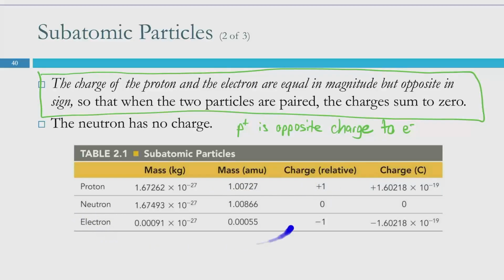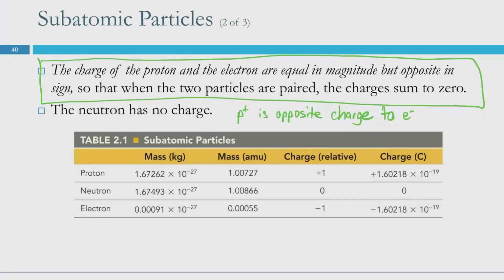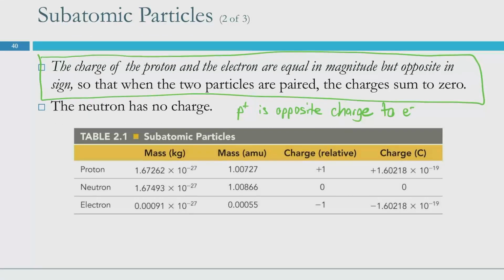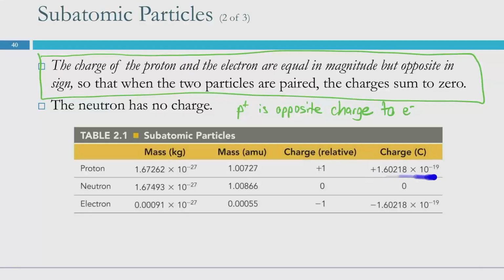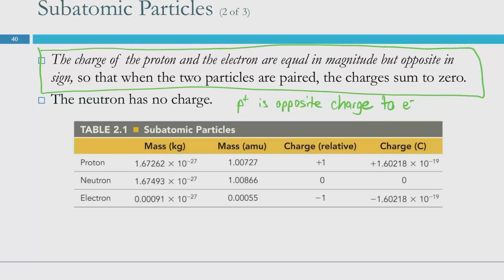An electron has an AMU of 0.00055, and it still has the same size charge, just opposite of our proton. So even though they're different sizes, one's a +1, the other's a -1, and we'll usually think of them in terms of plus or minus 1, or multiples of plus and minus single numbers, rather than talking about their charge in C or coulombs, because that's not a very fun number to work with. We'd rather talk about plus 1, minus 1.